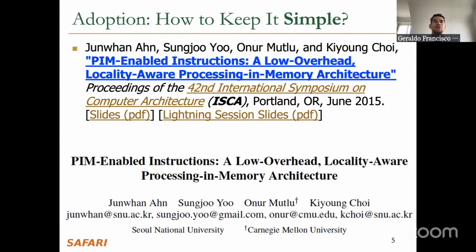Like in the beginning of the semester, we discussed already PIM-enabled instructions, which starts very simplistic, just giving the main memory some really small computing power. So only a single instruction that operates over a cache line can be executed on the memory side at a time. And we saw that simplifies a lot the memory integration that a particular processing memory system would require on current systems.